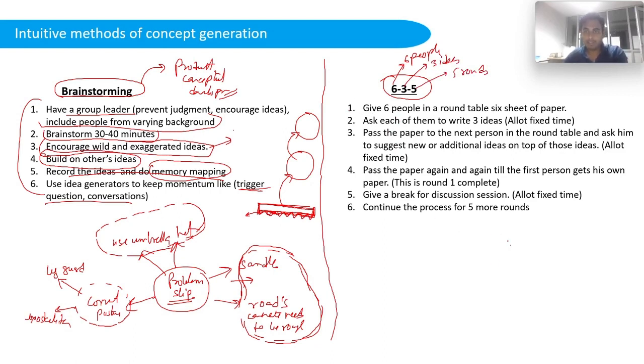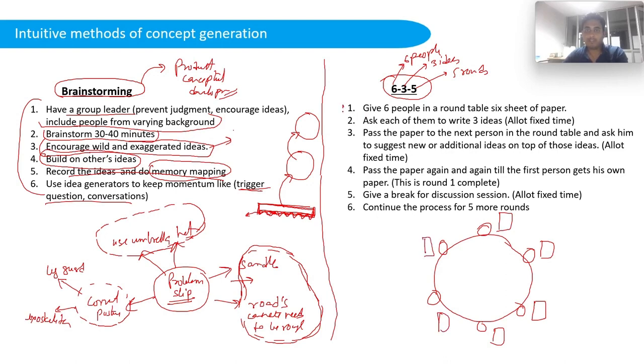Basically, you have some sort of round table with six persons, and you give a sheet of paper to all the six participants. This is the first thing you do.